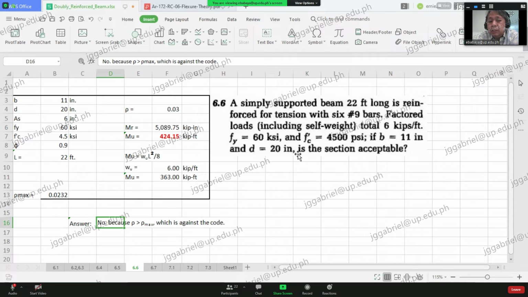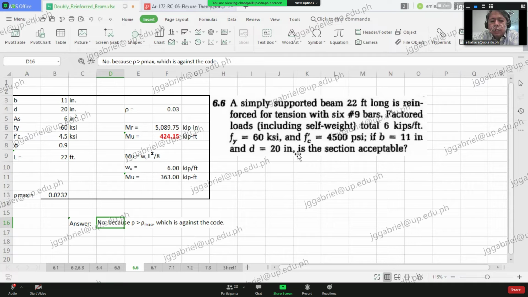So as much as possible, we should control the rho or the steel ratio so that things like those do not happen. When there are voids in a reinforced concrete structure, its supposed strength weakens.